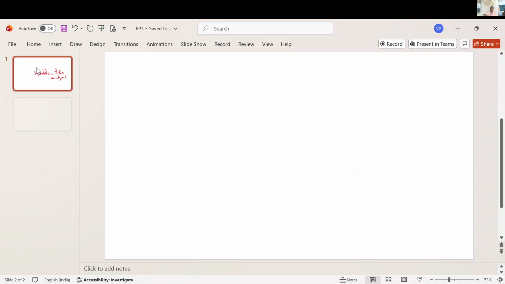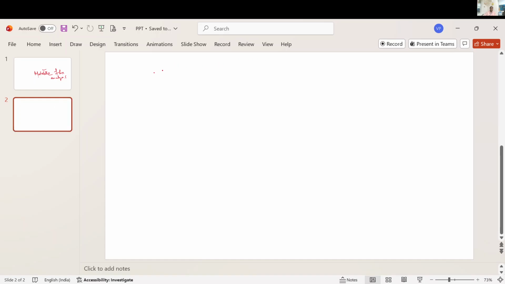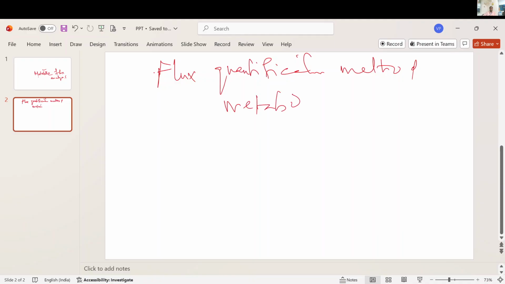So in this, flux quantification methods. The quantification method is the metabolic balance. Metabolic balancing.